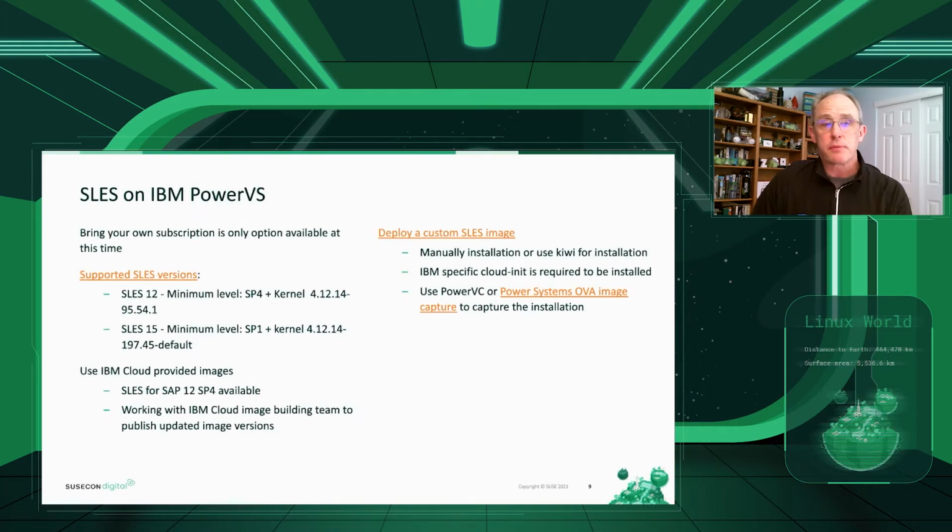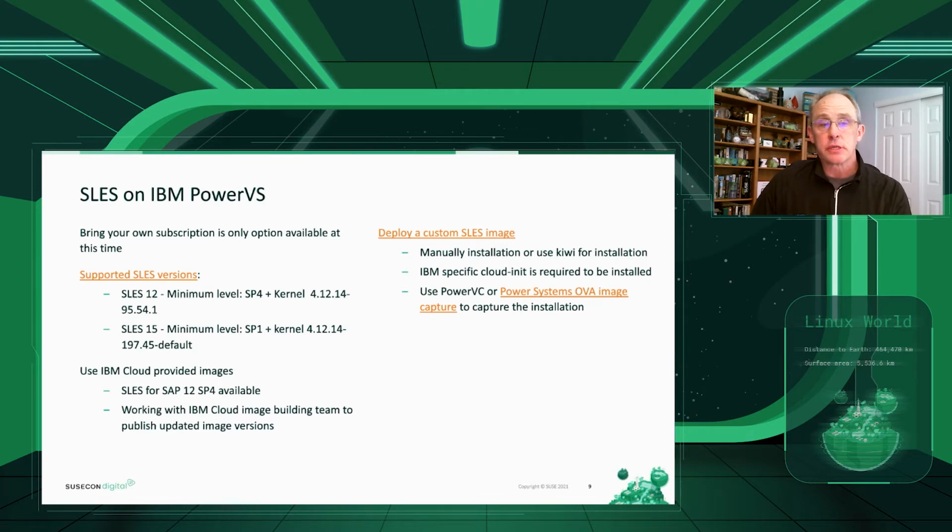For SUSE Linux Enterprise Server on IBM Power VS running in IBM Cloud, customers will need to bring their own SUSE subscriptions to activate and receive patches. We understand that this is not optimal for some customers, and SUSE is working with the IBM Power and Cloud teams with the goal to provide pay-as-you-go options as well.